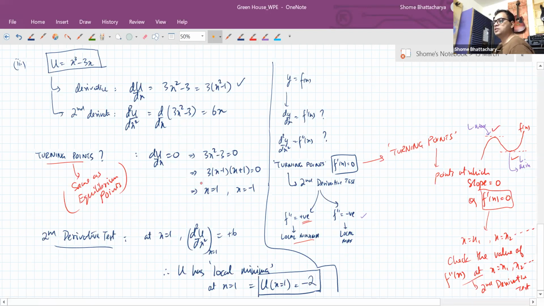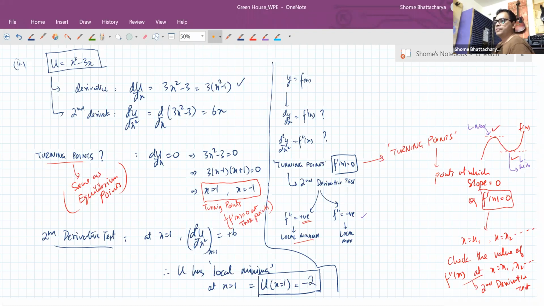These are my turning points, x equal to 1 and x equal to minus 1. They are the points at which f prime is equal to 0. So turning points and second derivative are different things. First of all, make sure you're clear about this point.